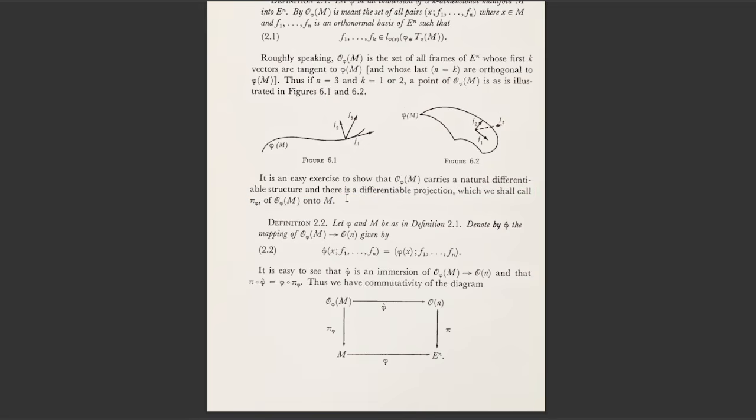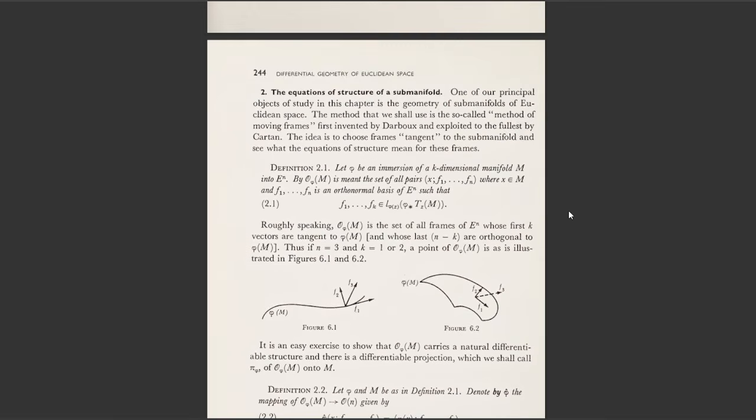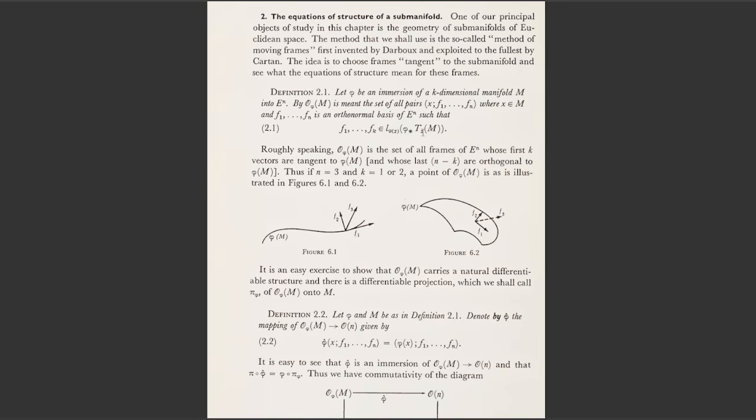Or really, it's the canonical connection. That's what it's called. So this will allow us Cartan's lemma, the equations of structure for a submanifold.